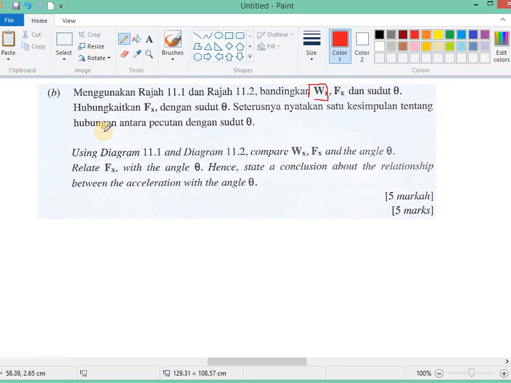Wx is the component of weight parallel to the slide.